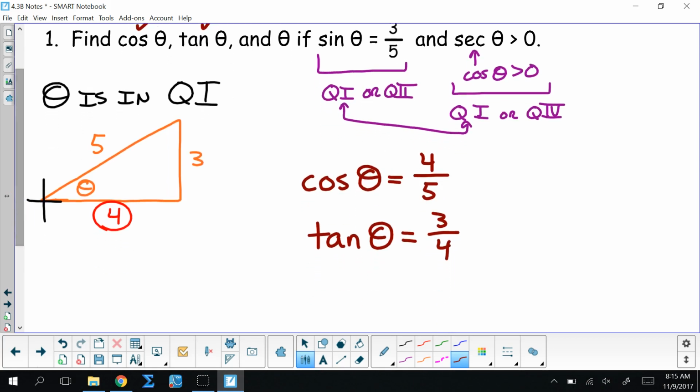So to find theta itself, I would say that theta here is equal to, I'm going to go with the inverse sine because it's given to us. Sine was given to us, so let's use that one. If you wanted to use inverse cosine or inverse tangent, that would be just fine. What do we got there? You can give it to me in radians or degrees, I don't care.